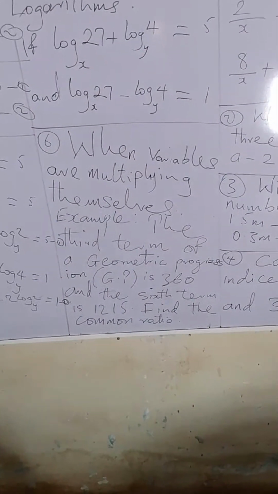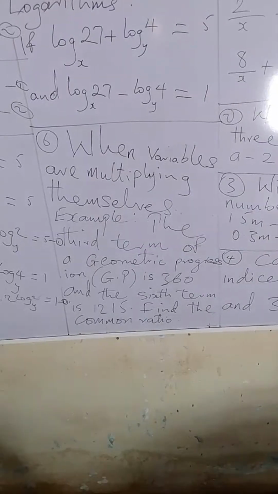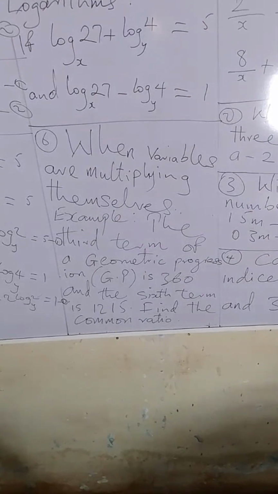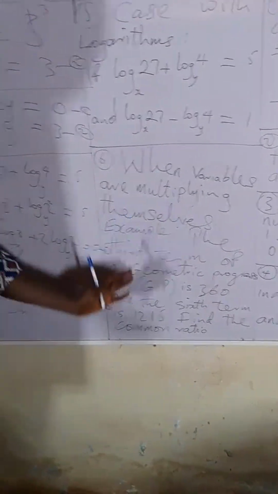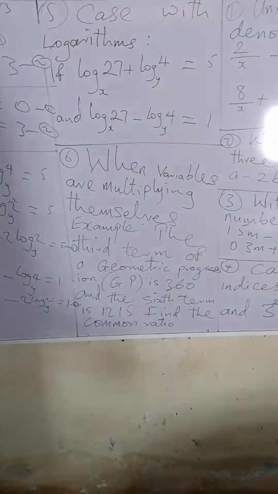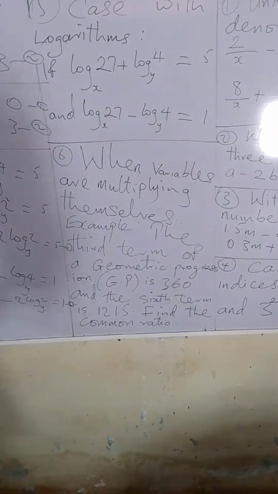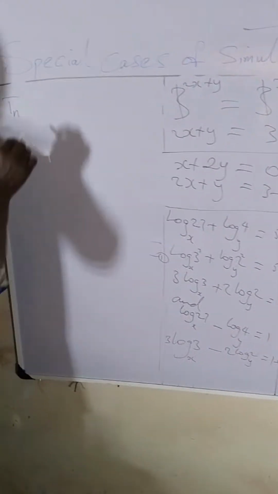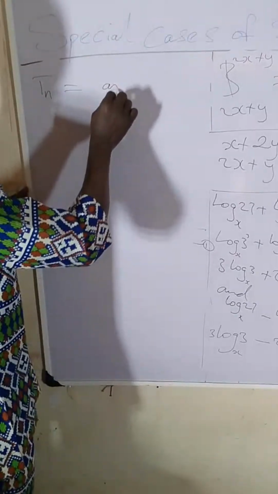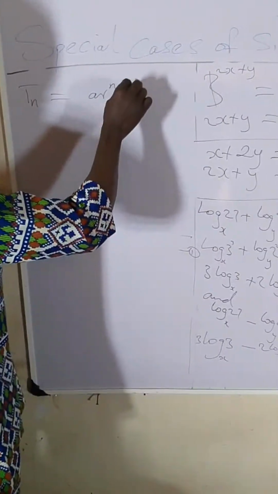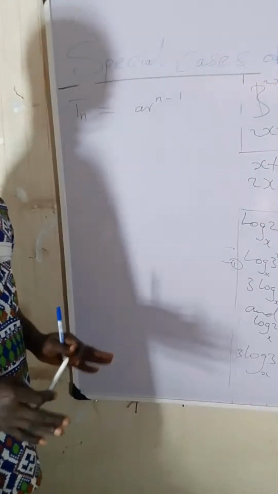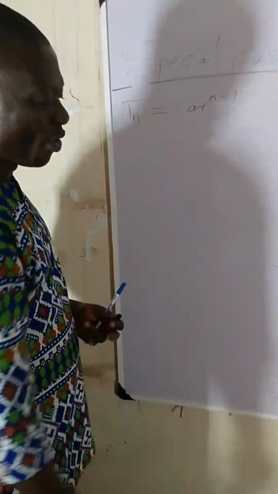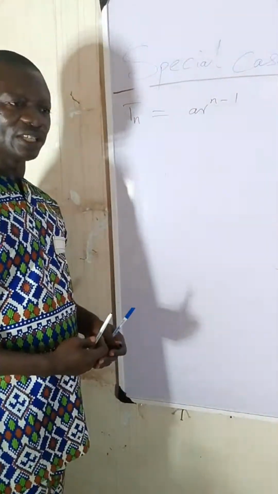And it came here as a question from geometric progression. All right. And so what did they say here? The third term of a geometric progression, GP, is 360. Remember that the nth term of a geometric progression is given by ar^(n-1). So don't forget, this is the nth term formula that will take us into a simultaneous equation.